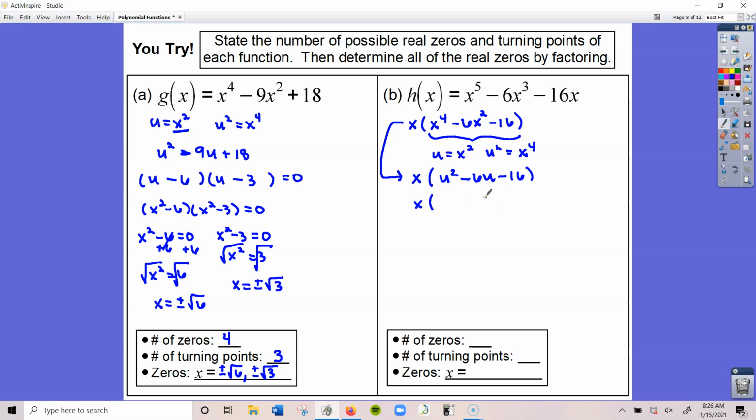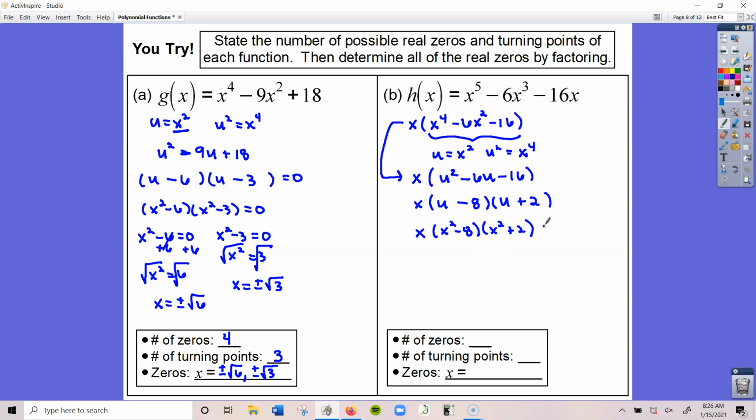The two numbers that multiply to give us negative 16 and add to give you negative 6 would be negative 8 and positive 2. Now that it's factored, I can replace u back with x squared. So we have the x, we have x squared minus 8, and x squared plus 2.